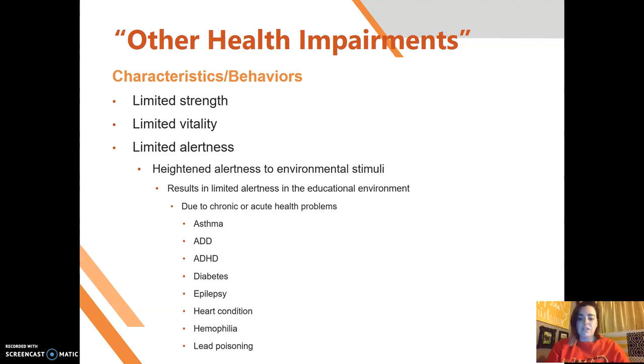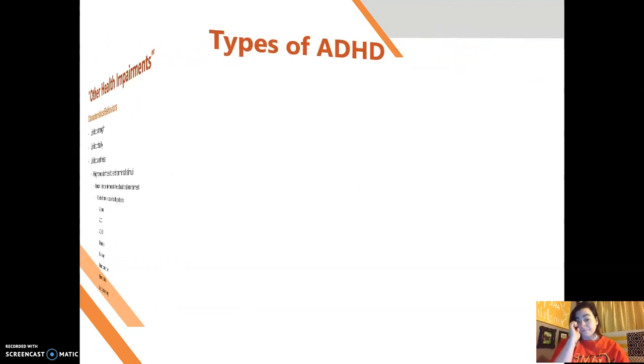And this can be due to acute health problems such as asthma, ADD, ADHD, diabetes, epilepsy, heart condition, hemophilia, and lead poisoning. So, of course, we're talking about the subcategory ADHD right now. The other ones are a totally different topic.